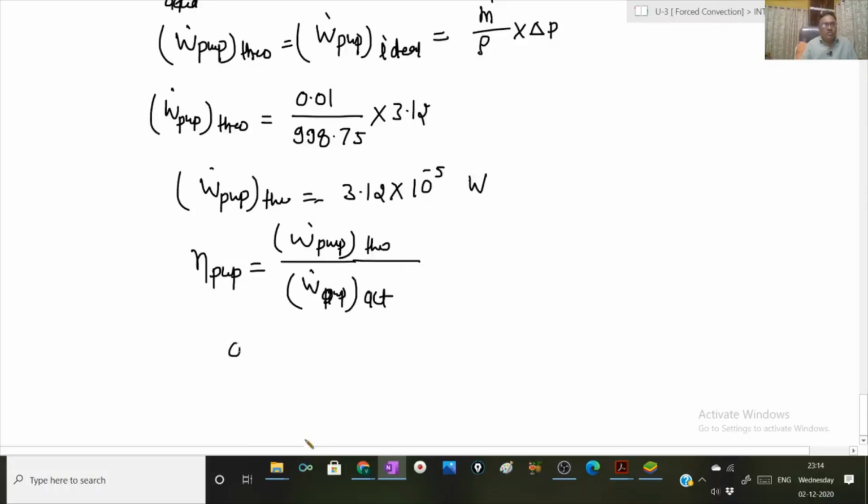So the efficiency of the pump is given as 0.5. The theoretical or ideal work required by the pump is 3.12 into 10 to the power minus 5. So the actual pump work I can calculate from here.